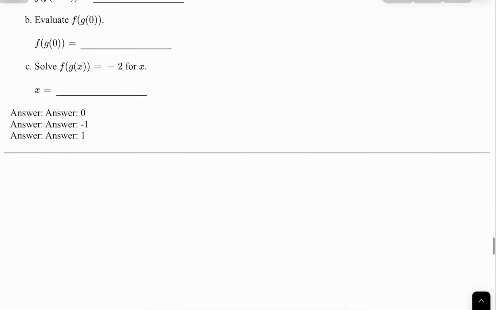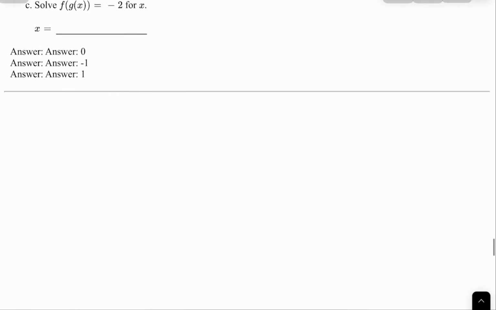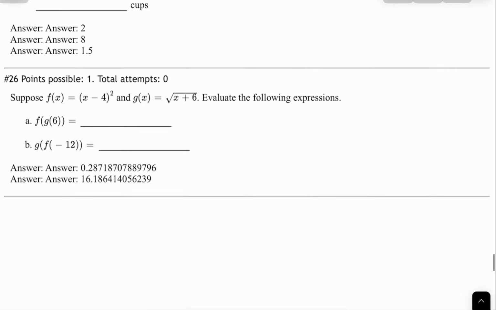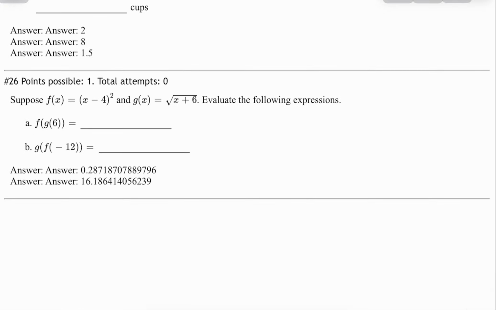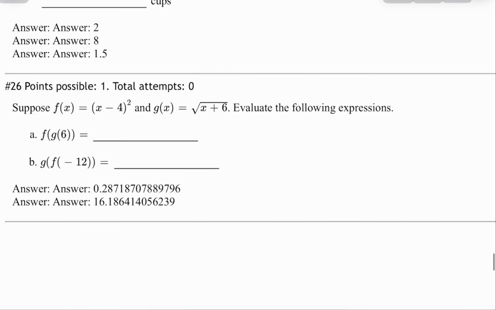We're skipping 24. And I believe, oh, no, so we're skipping 25. Let's jump now to 26. 26 says that we want to find these values. So we're going to use our g function first. So focus on the g. We're going to input a 6. So g of 6 is the square root of 12.